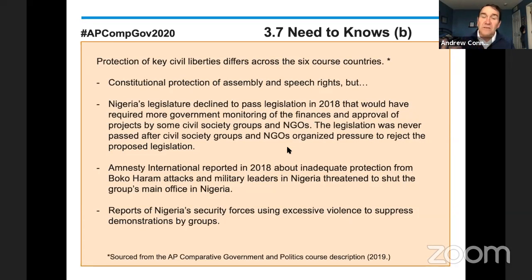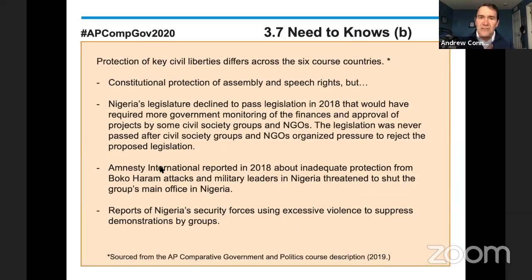You've also seen a really big prominent NGO, Amnesty International, criticize Nigeria's military because of this perception or reports, and in some cases factual reporting, that the military was not doing enough to prevent Boko Haram attacks on different religious groups in Nigeria.